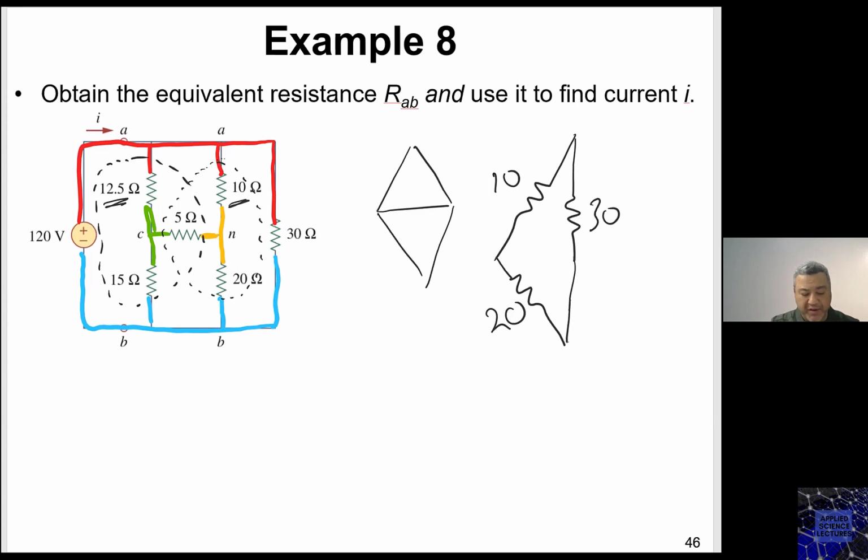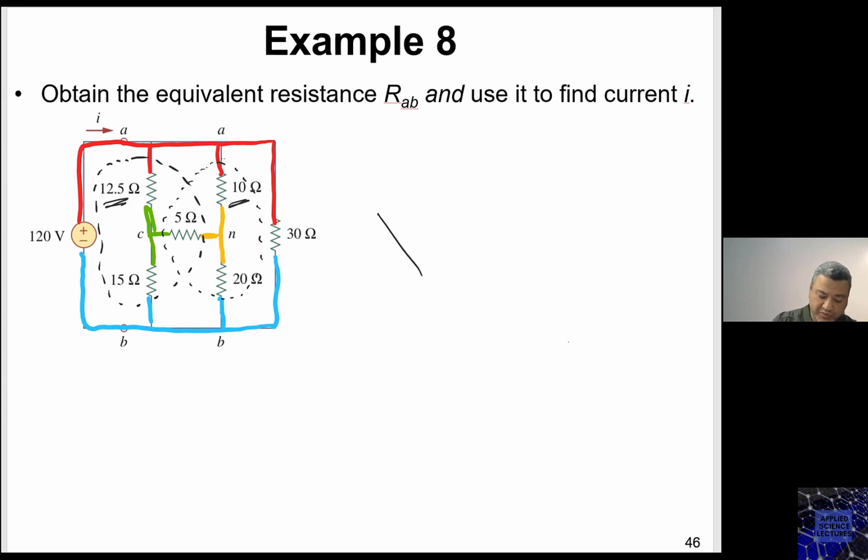Okay, so we have here, as I said, three deltas and two Ys to pick from. Now, for me, I will solve it in two ways just to show you. Let me start first with Y to delta.